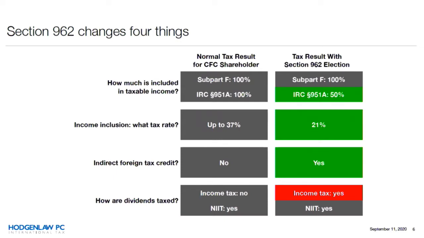If you look at the result, this all came into being in 1962 in the Stone Ages. What Congress was trying to do when they introduced the Subpart F rules in 1962 was to give a situation where an individual shareholder would be indifferent as to whether he or she is operating a foreign business through a foreign corporation or operating a foreign business through a branch operation of a domestic corporation.